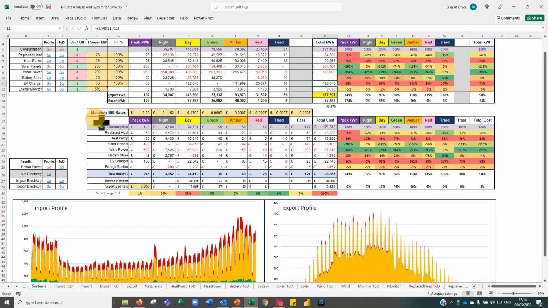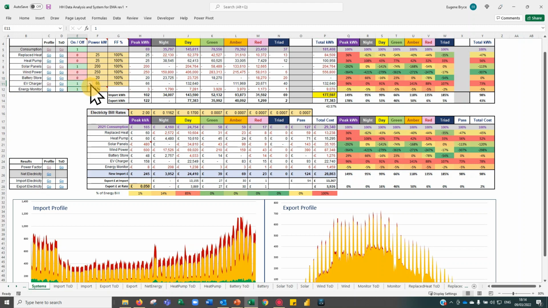So what you can do is begin to play with the balances of values. There's a bit of a fiddle factor here, if you want to have a bit more fine tuning. But similarly, you can add a heat pump, solar panels, wind power is a very interesting one, battery store.